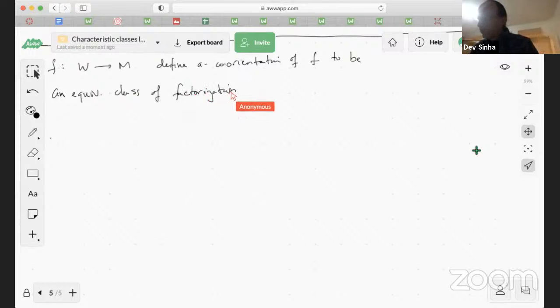And the factorization is going to go from W to M through a vector bundle. It's one reason I like to do Thom cochains in this setting. This is an application of these ideas. So this is a vector bundle, and this is an embedding, a smooth embedding.